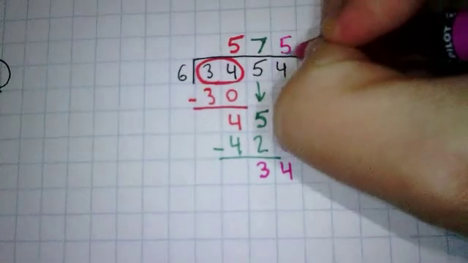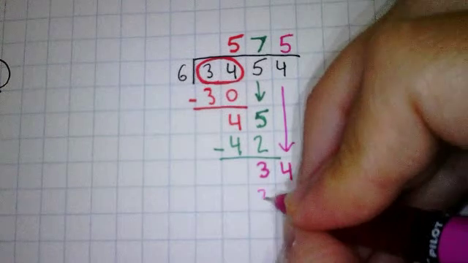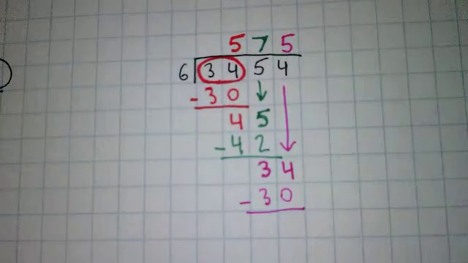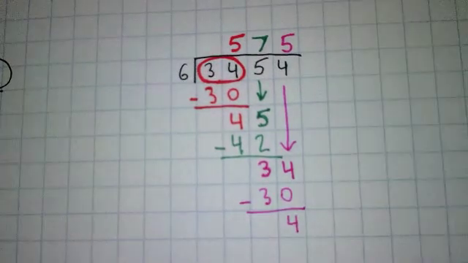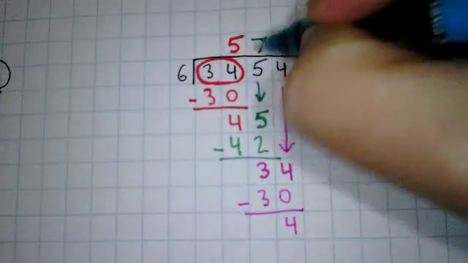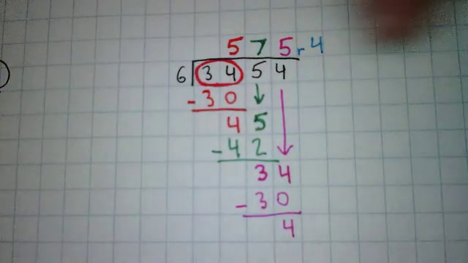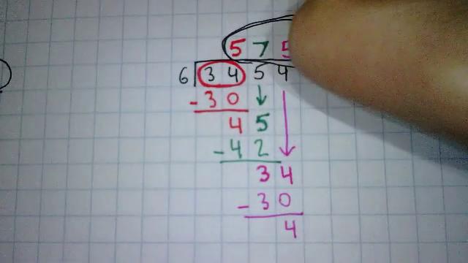That's the same question we looked at the beginning, right? And 6 times 5 is still 30. 30. Good. So we subtract, and what do we get? 4. We get 4. Is there anything else to bring down? No. No, so that 4 becomes what? Remainder. My remainder. Okay? So my answer was 575, remainder 4.